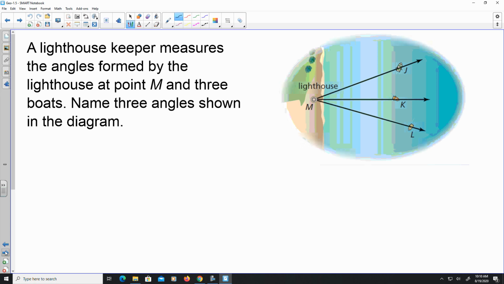In this particular one, everything that you're dealing with for the angle measure is off of point M. So when you're using 3 points to name it, the vertex, the angle that you're talking about, has to be the middle term.